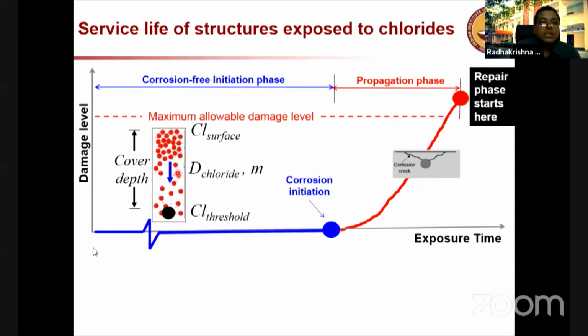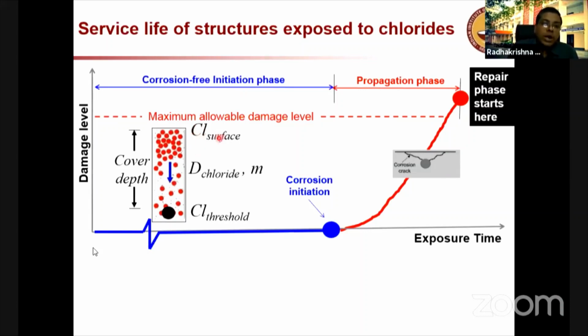You can see this is the cover depth, and then the black circle here is the rebar, and the blue arrow indicates the penetration of chlorides through the concrete cover. We call it the diffusion coefficient, or apparent diffusion coefficient, because there are many other phenomena also. But for modeling purposes, we usually use this apparent diffusion coefficient, because that is mostly the governing phenomenon of chloride ingress.